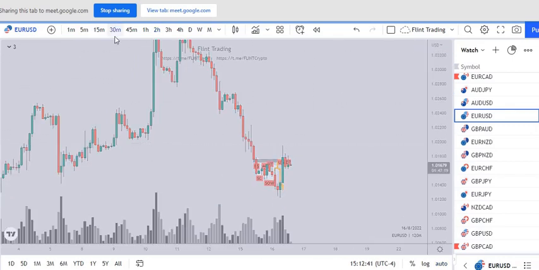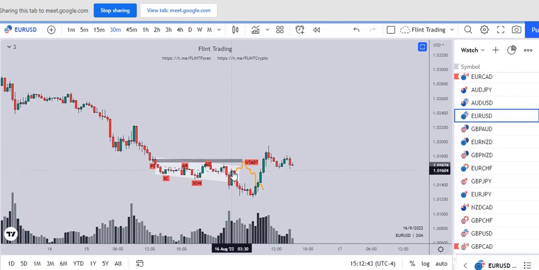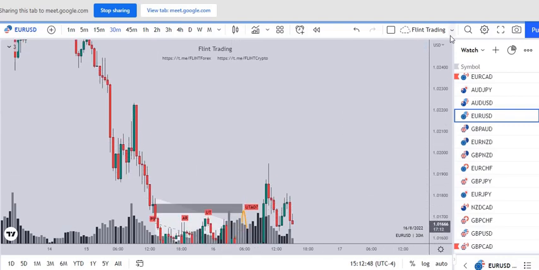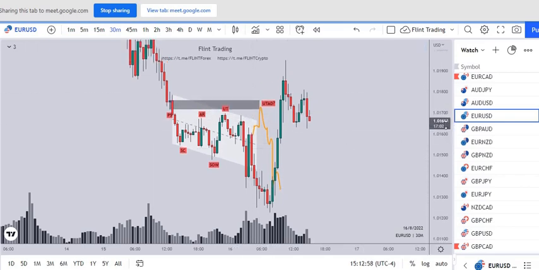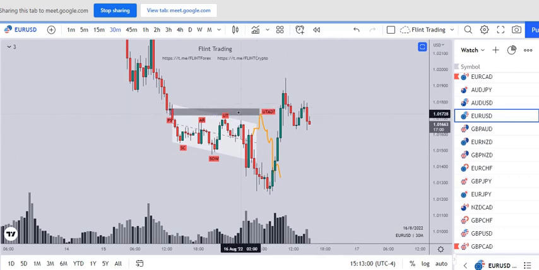Price was somewhat right there. I was expecting price to come up there and push downside. It pushed downside, filled my target, but it never mitigated this order block. So right now I'm not seeing anything clear.